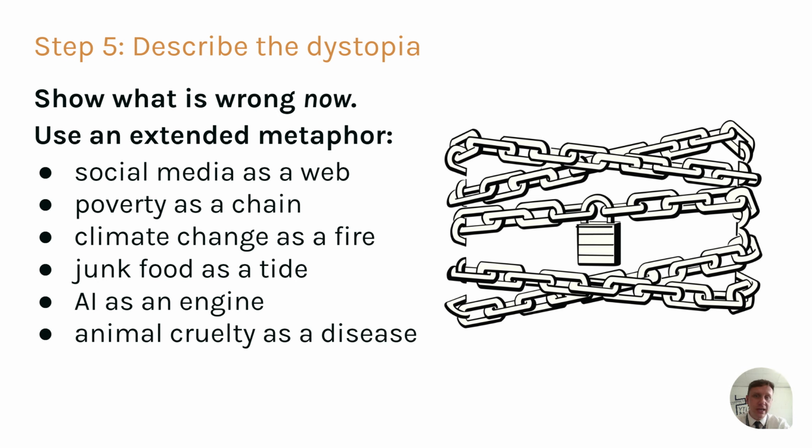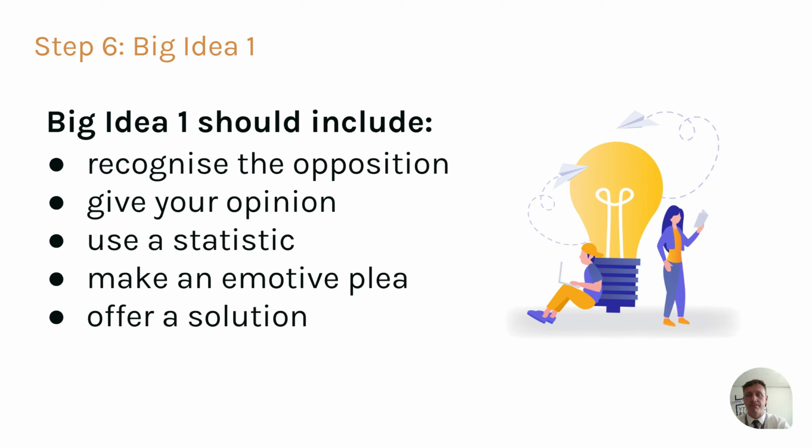So for social media, you might describe it as a web. For poverty, you might use the image of a chain, the metaphor of a chain. For climate change, a fire. For unhealthy food, a tide swallowing people up. The trick is to keep developing that metaphor. We're not throwing in loads of random images, we're choosing one core metaphor and we are extending it.